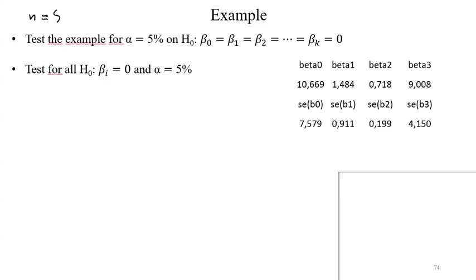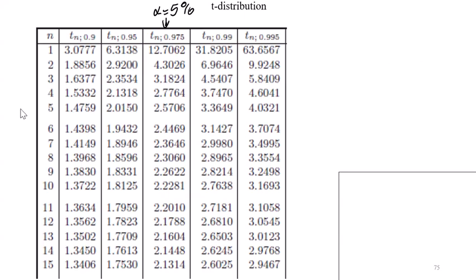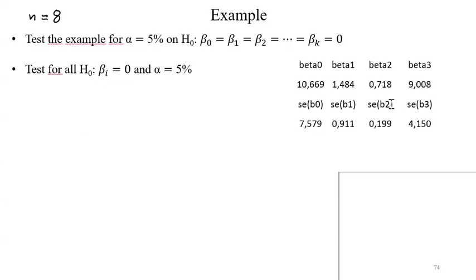N should again be 8, and so our relevant parameter would be 4, so it would be our 2.77. And then you again have to calculate whether our value is larger or smaller compared to this 2.77.